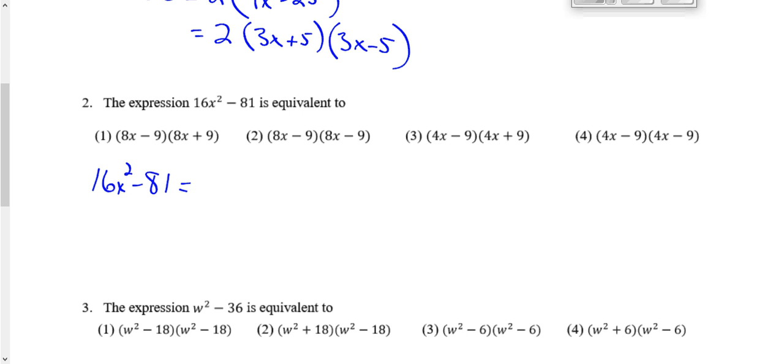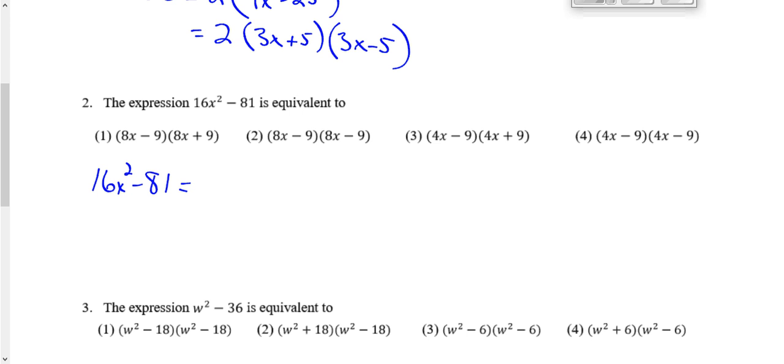Are both of those perfect squares, guys? Is it a difference of 2 perfect squares? Yeah, so minus means difference, right? So what's the answer to this, number 2? Gonna be choice 3, isn't it? What's the square root of 16?